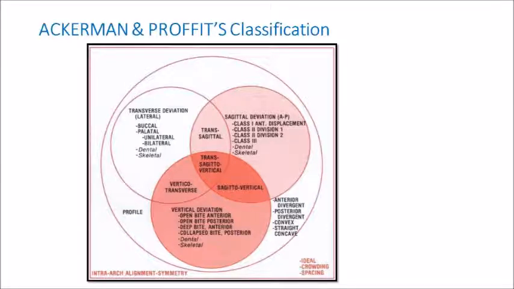They will put a question mark or a cross mark there, and ask you to identify the set of malocclusions represented in this Venn diagram. The options can be alignment, transverse, sagittal, vertical deviations. The third option might be your profile, and the fourth option might be sagittal vertical deviations. So the answer will be profile. That kind of questions we have to expect from this chapter.